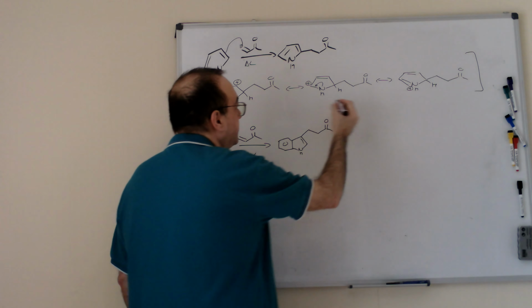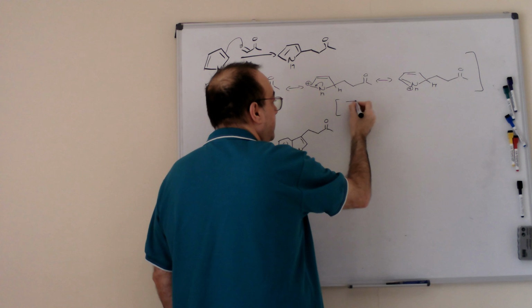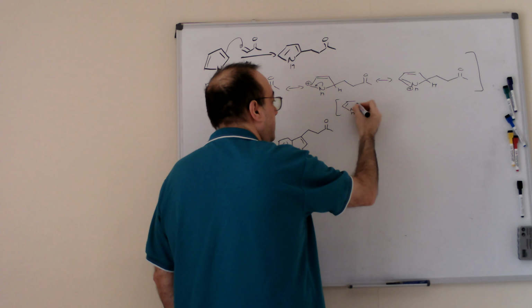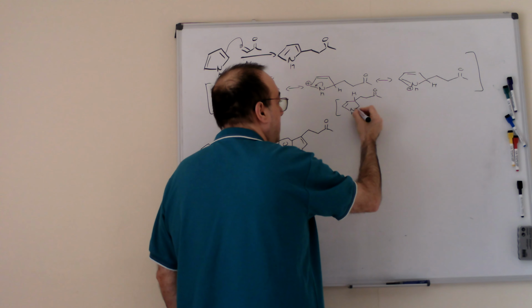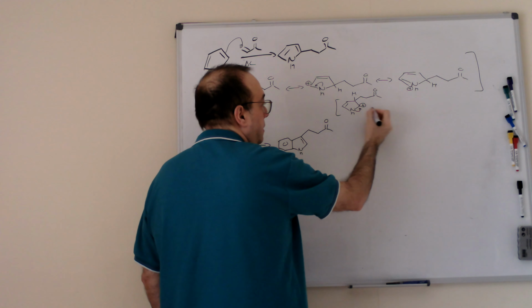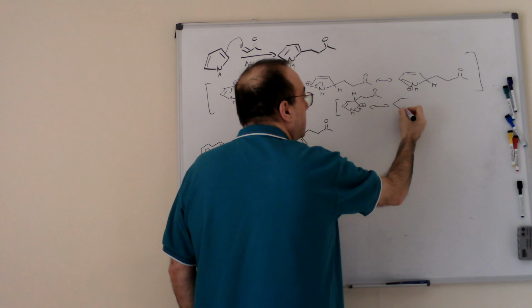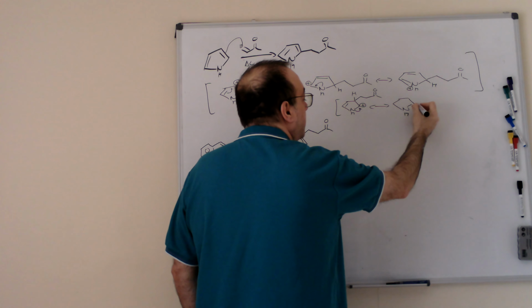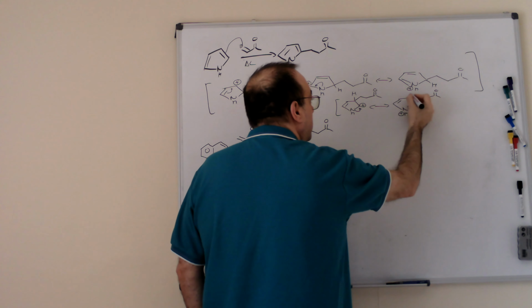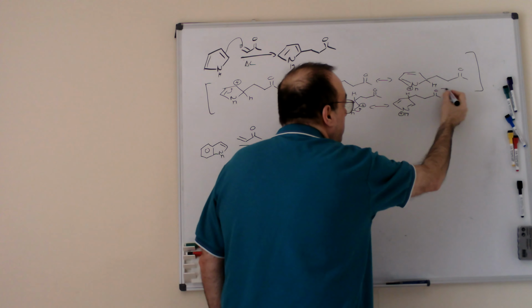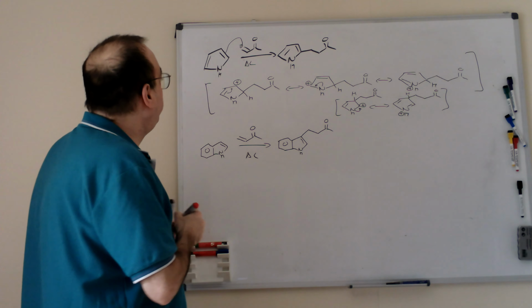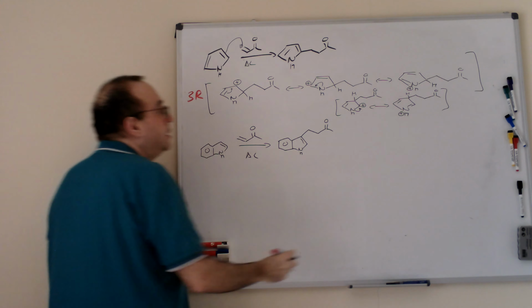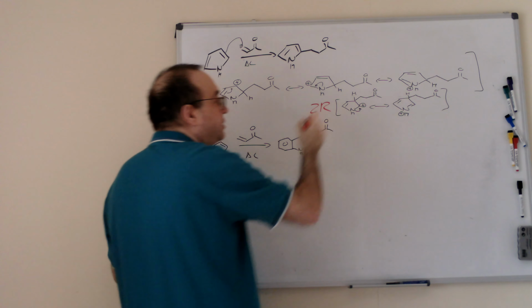If we attack C3, we generate this intermediate, where we only have two resonant forms. That means when we attack C2, we have three resonant forms. When we attack C3, we have two resonant forms.